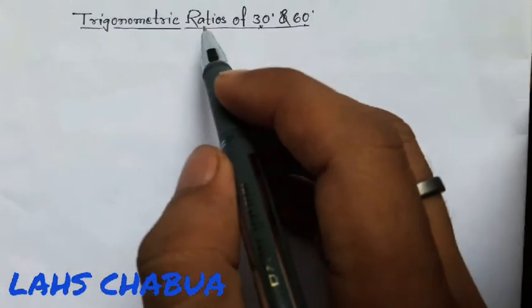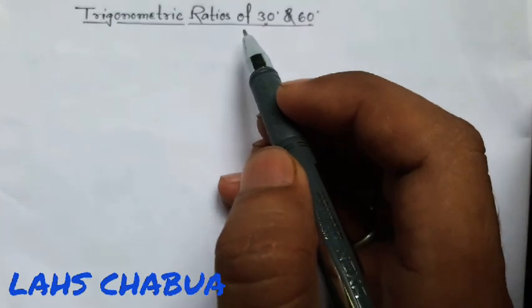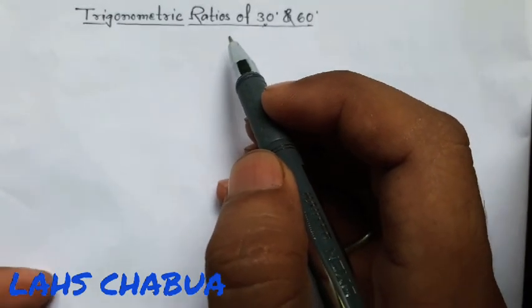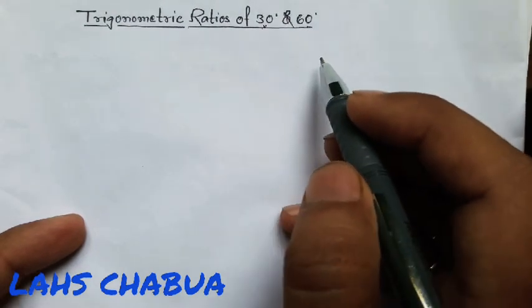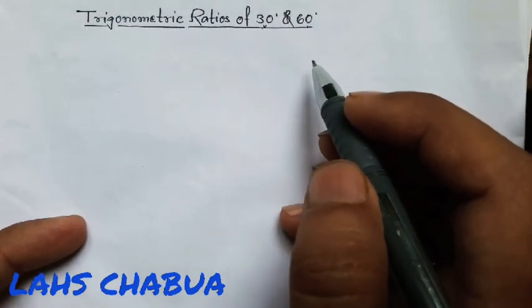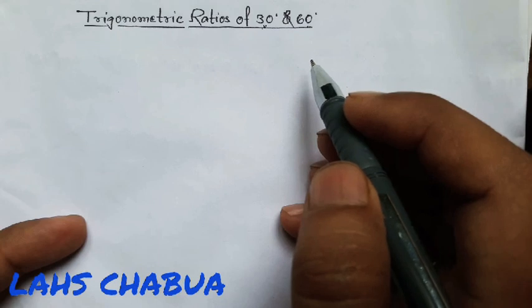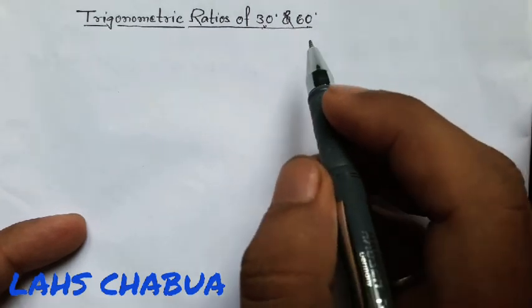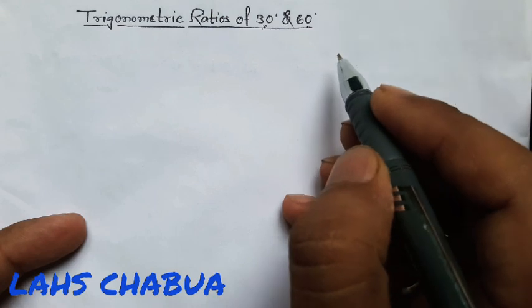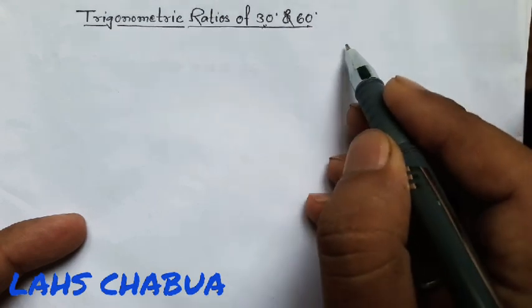In order to obtain the trigonometric ratios of 30 degree and 60 degree, we will have to draw an equilateral triangle. In order to obtain 45 degree, what type of triangle had we drawn? A right angle isosceles triangle. But today, remember you need to draw an equilateral triangle.